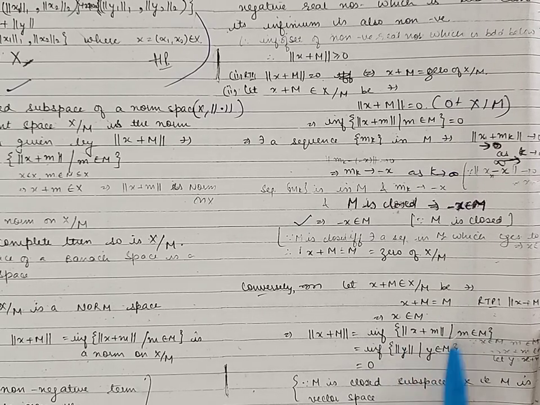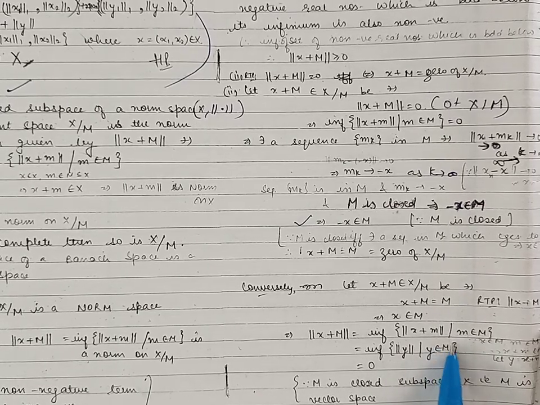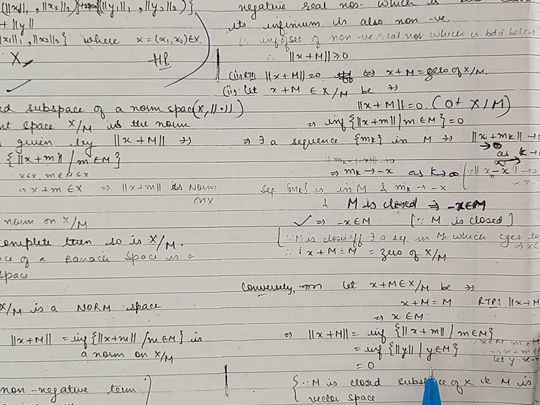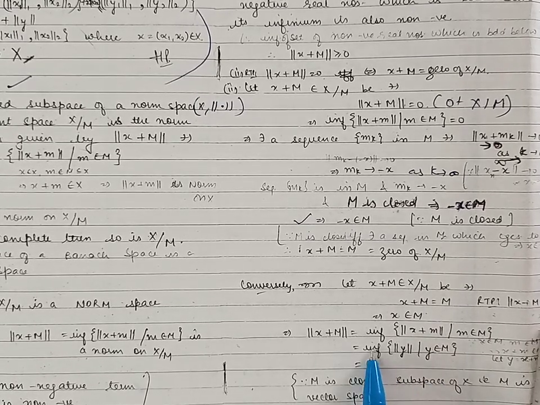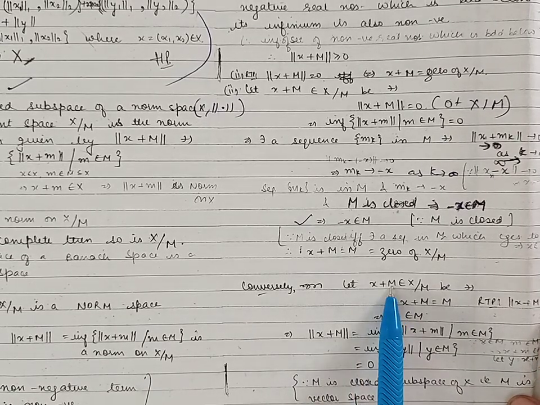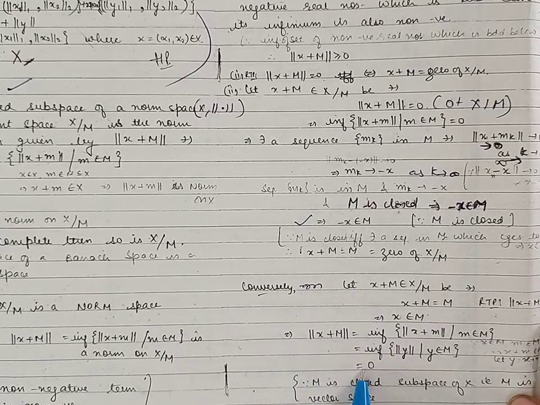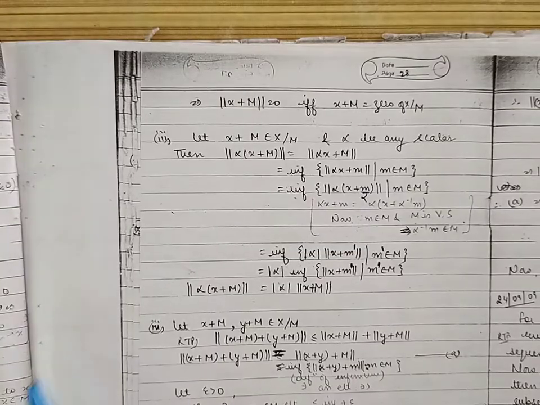So this will become the infimum of the set of norms of y where y belongs to M. Now because M is a closed subspace of X, and therefore M is a vector space, and every vector space has additive identity. 0 is the additive identity of X, and therefore we can say that the infimum of this set will be 0. So we have proved if the element is 0, then the norm of that element is also 0. So we have proved the second condition of norm.